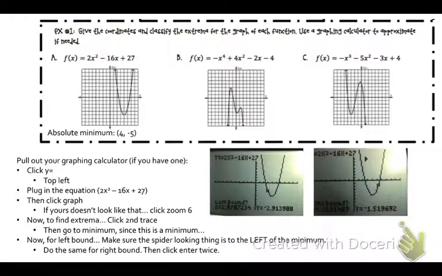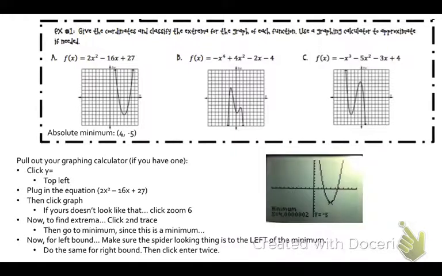And you want that to be to the left of the minimum. So it's going to say left bound question mark, and you're going to put that little spider thing to the left of the minimum and click enter. And then you're going to put it to the right of the minimum, click enter, then click enter again, and you should end up with, it'll say minimum, and then x equals 4, y equals -5. And that's just a way to double check that our minimum is correct.